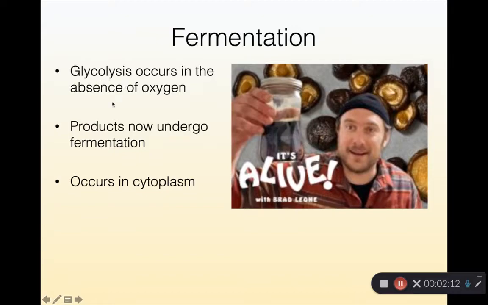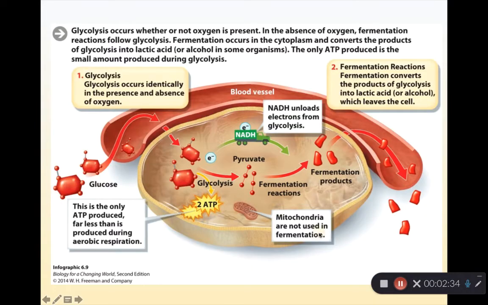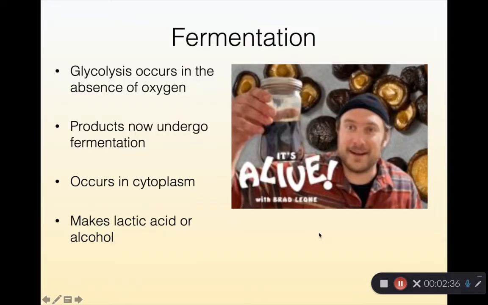So glycolysis is the first step of fermentation, and all of this takes place in the cytoplasm. The result creates lactic acid or alcohol. And that's why yeasts, which are particularly adept at fermentation, are often used in food preparation, and make use of this derivative of alcohol.